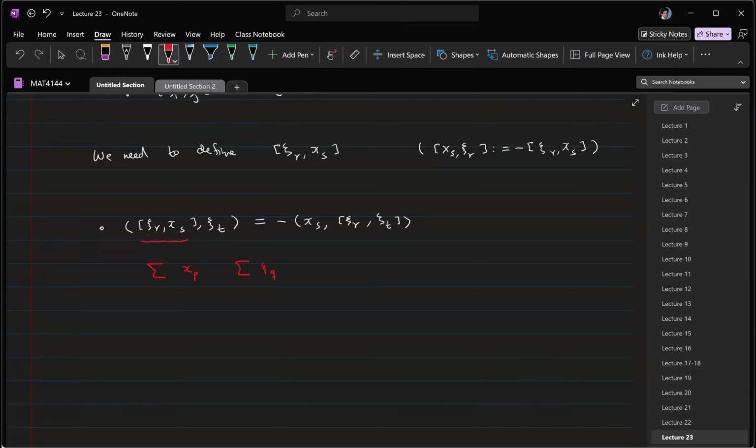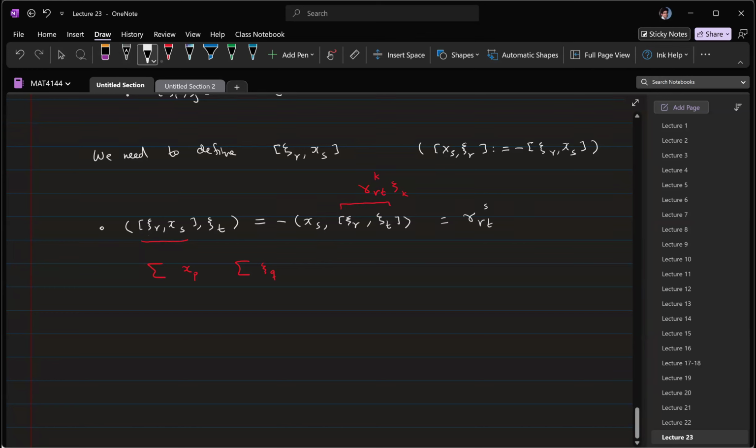Now, what does the right-hand side give me? Basically, I have gamma r t k for all k, but it's multiplied by ck, and the only place where xs paired with ck is non-zero is for k equals s. Therefore, the right-hand side is just gamma r t s.